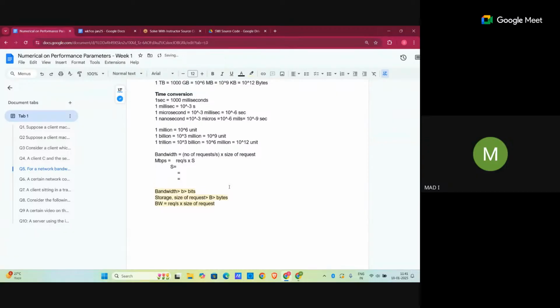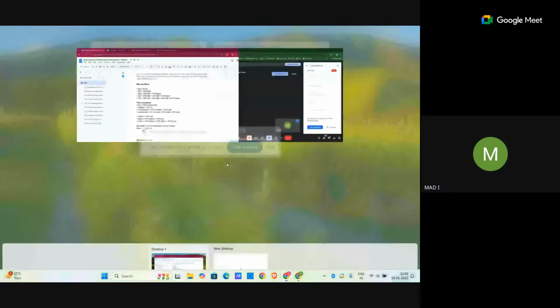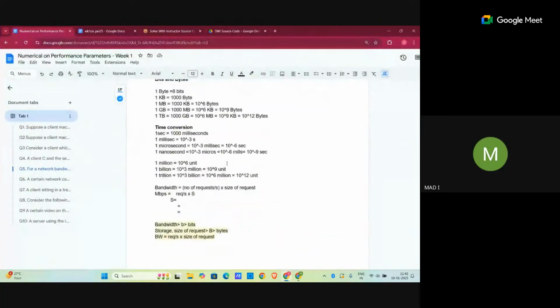You can see the unit of bandwidth is gigabits per second or megabits per second. So from the unit you can also write bandwidth as data transferred per second. This numerical is based on the first formula.